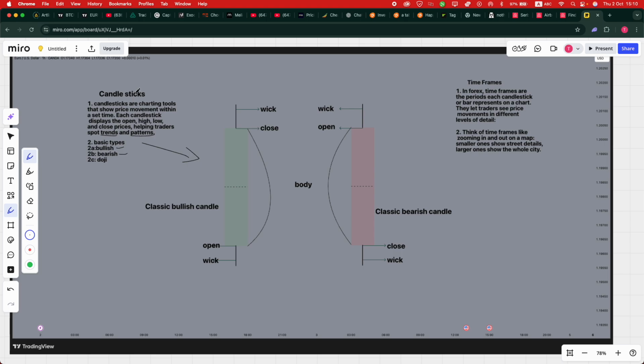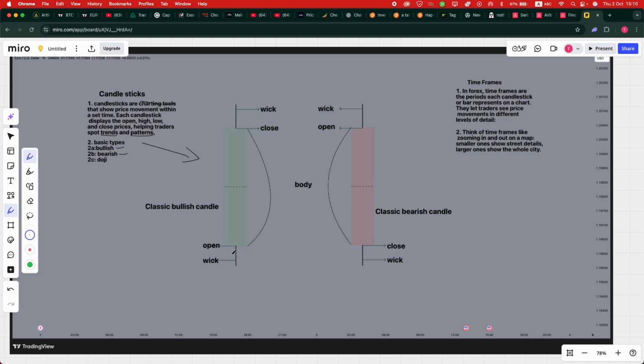That's why it's called a charting tool, because you're always going to look at it. It's your tool for the chart. Now, that shows price movement within a certain time. That brings us down to how the candlestick is being created.